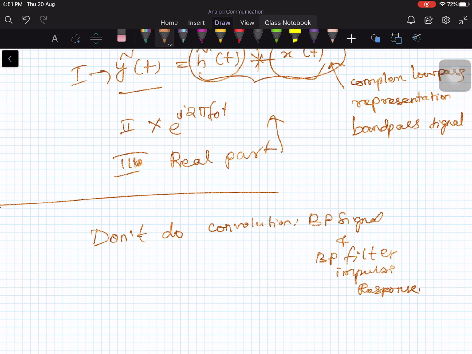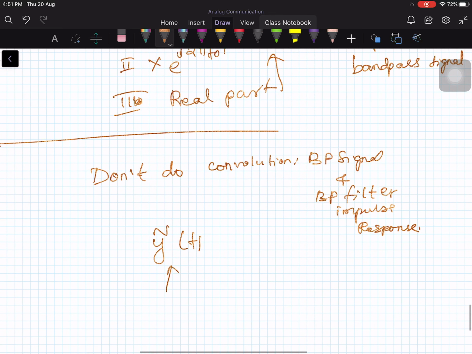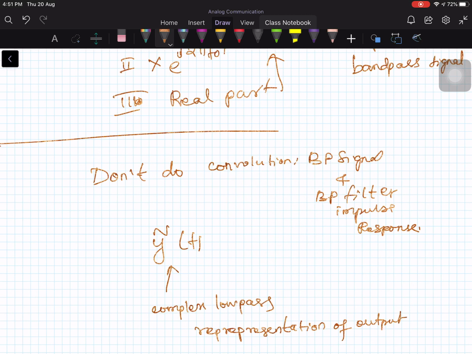Once you do this convolution, you will get y tilde of t, and y tilde of t is obviously the complex low pass representation of the output, which is h tilde of t convolved with x tilde of t.